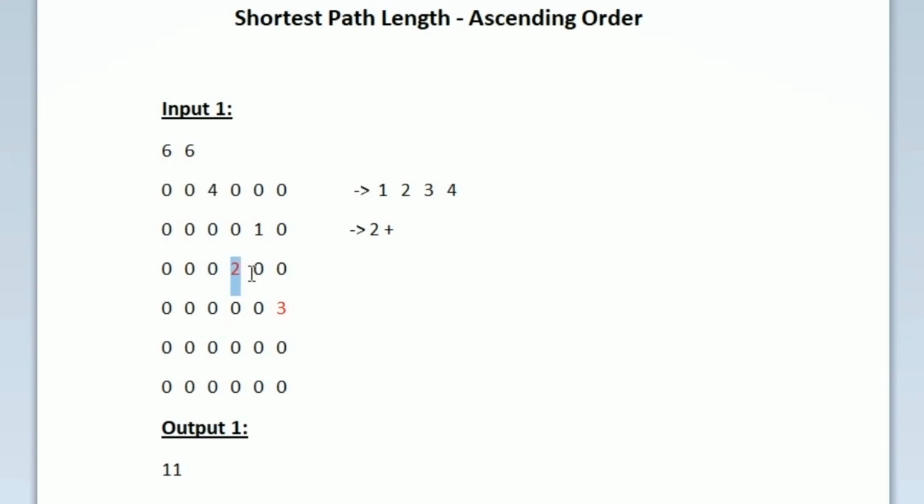So from 2 we will move to the next row. So we will move to the 0 that is present below it. So total 1 movement, and then from 0 again we will move towards the next 0 present on its right side. So 2 movements, and then again from 0 we will move to 3. So totally with 3 movements we are able to reach 3 from 2.